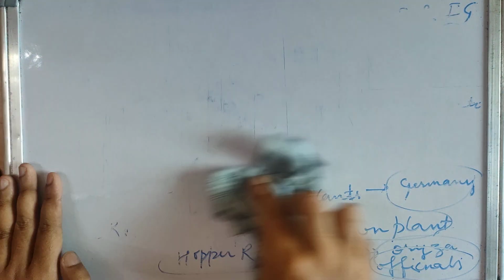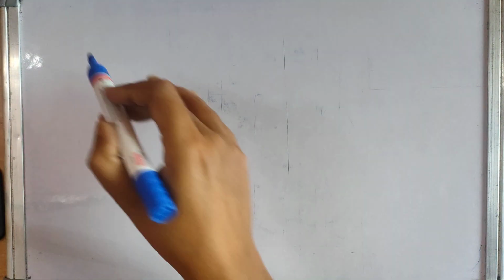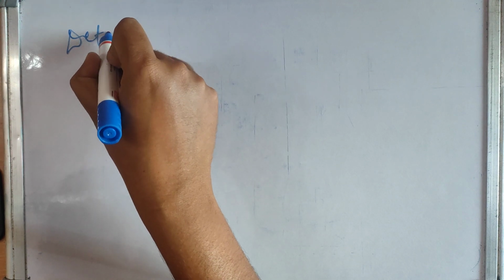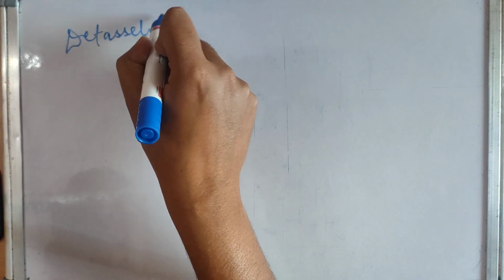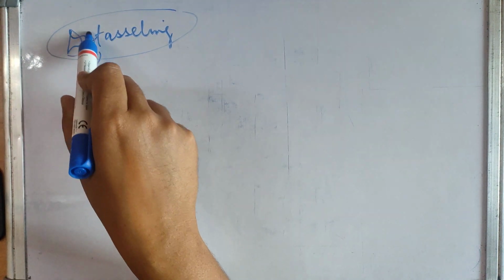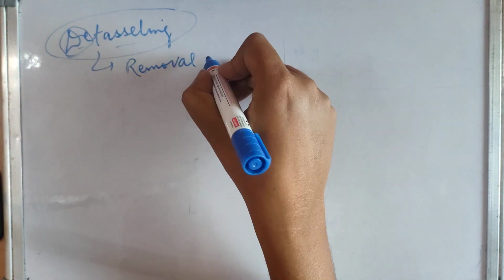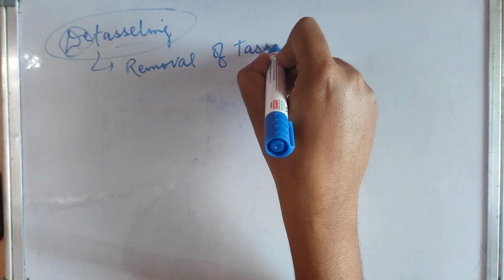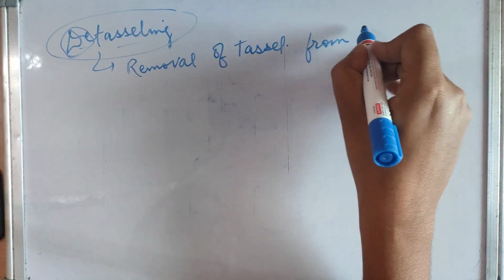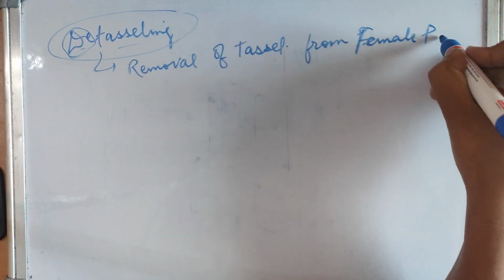Now moving on, what is detasseling, the last topic of this session. It is the removal of tassel. From the name you can tell, detasseling, removal of tassel from the female parent, that is mother.